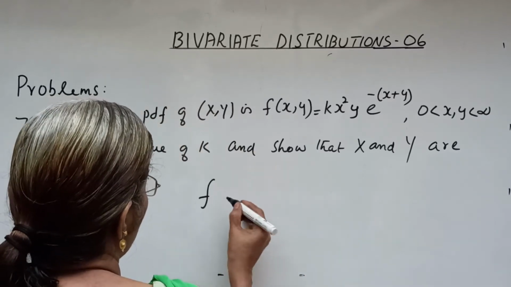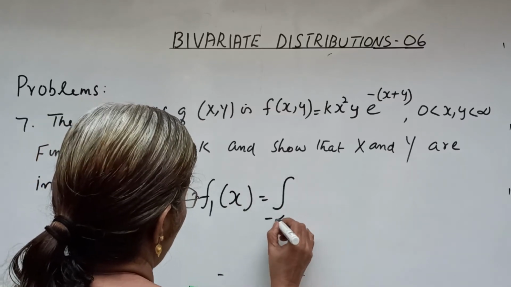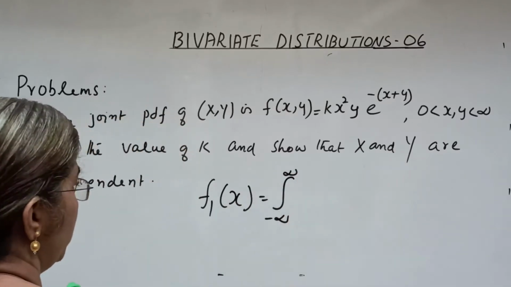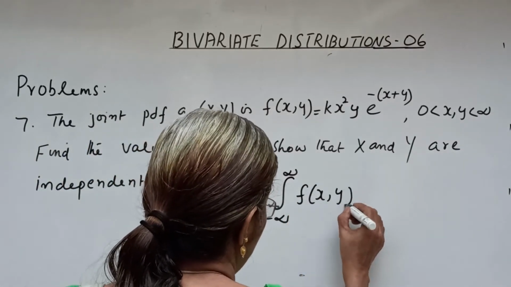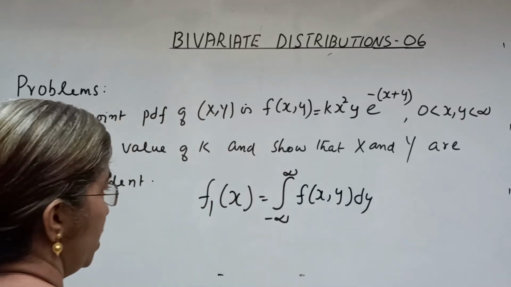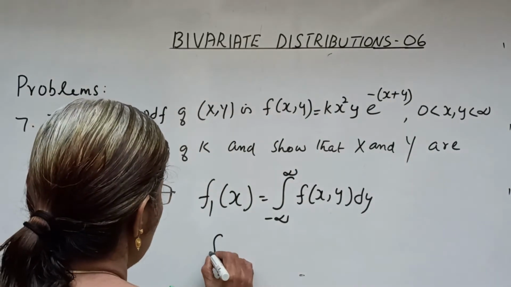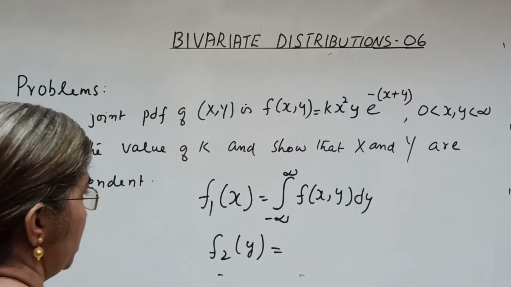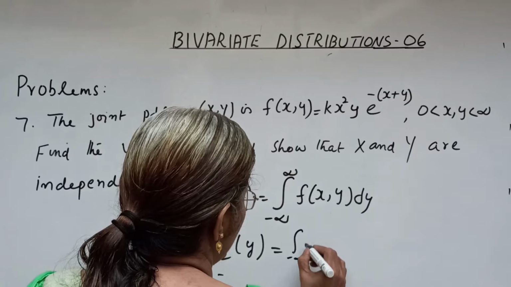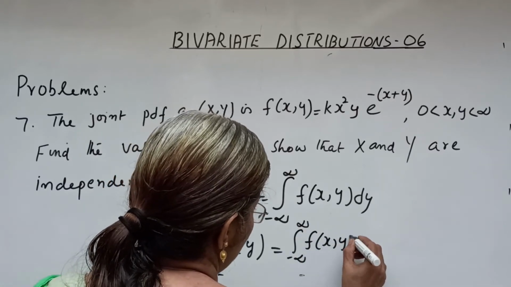So we are integrating f(x,y) with respect to y. Integral minus infinity to infinity f(x,y) dy gives f1(x), the marginal distribution of x, and f2(y), the marginal distribution of y, is integral minus infinity to infinity f(x,y) dx.